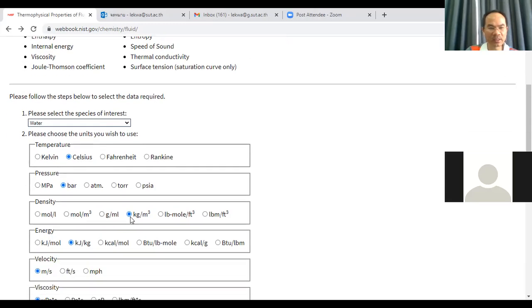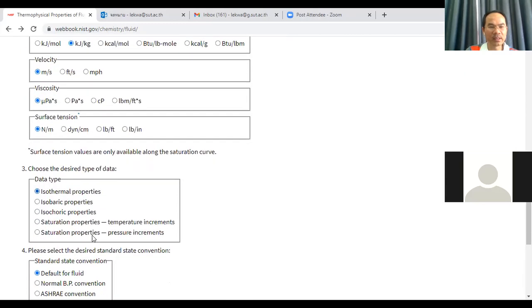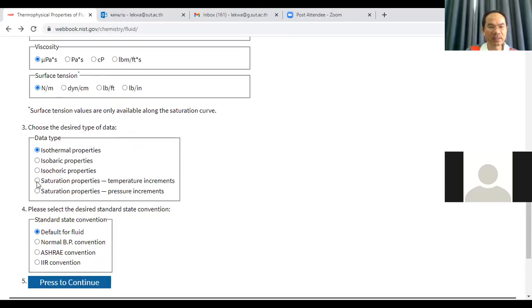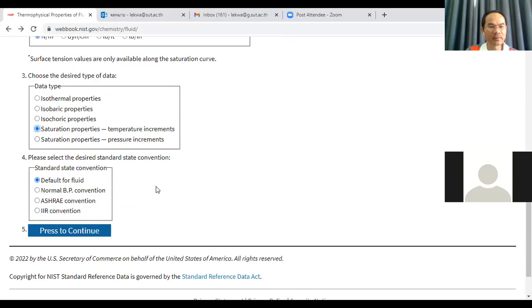Sometimes you have to choose the unit. Energy in kilojoules per kilogram. Right. For this case, we choose the saturated, with a temperature increment.